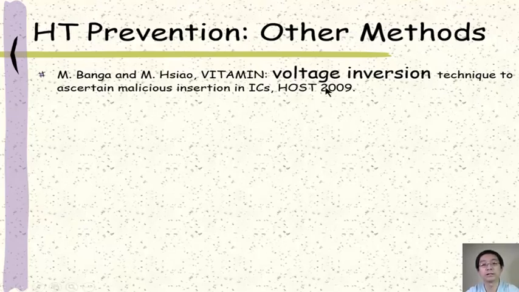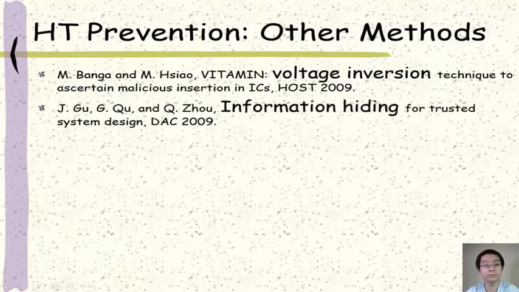This can turn a rare event into a frequently happening event, which can facilitate hardware Trojan detection or activation. And Gu, Qu, and Zhou in 2009 proposed an information hiding-based approach to build a trusted system.